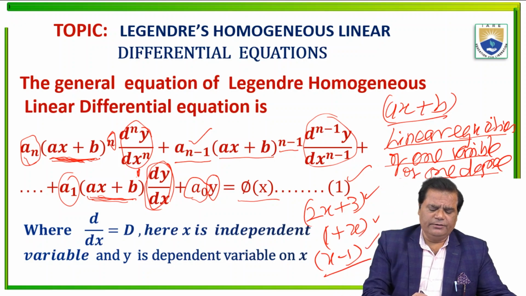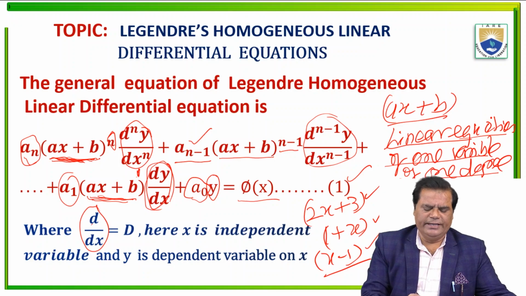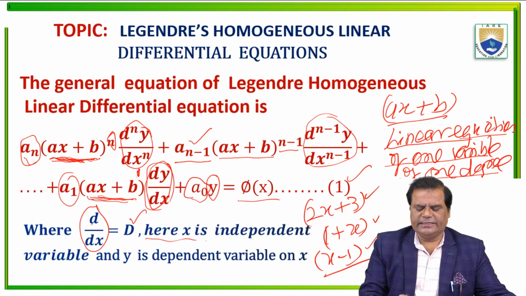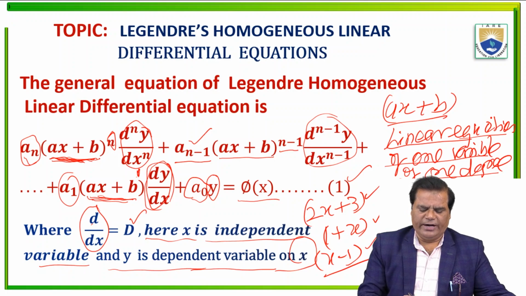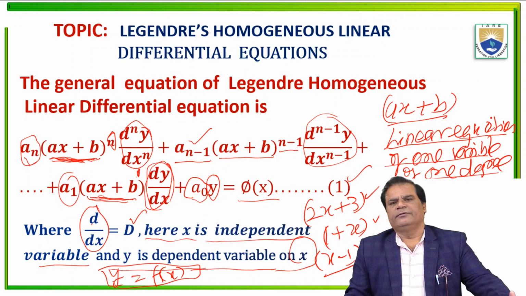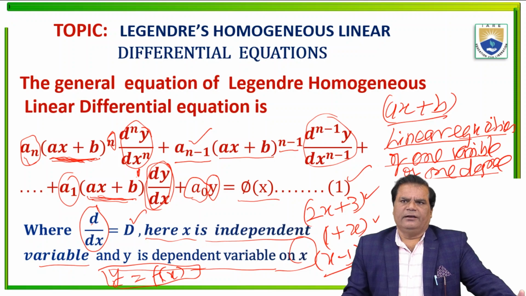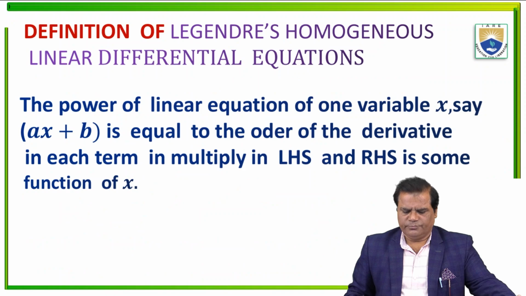In our equation, differentiating with respect to x, d over dx is capital D. Here x is the independent variable and y is dependent on x, which means y is some function of x. This is the general Legendre homogeneous linear differential equation.